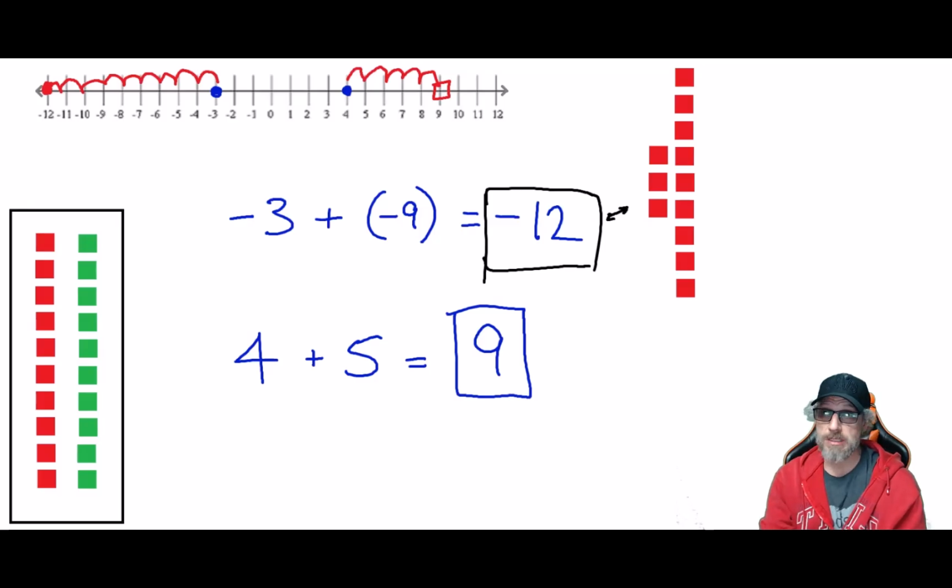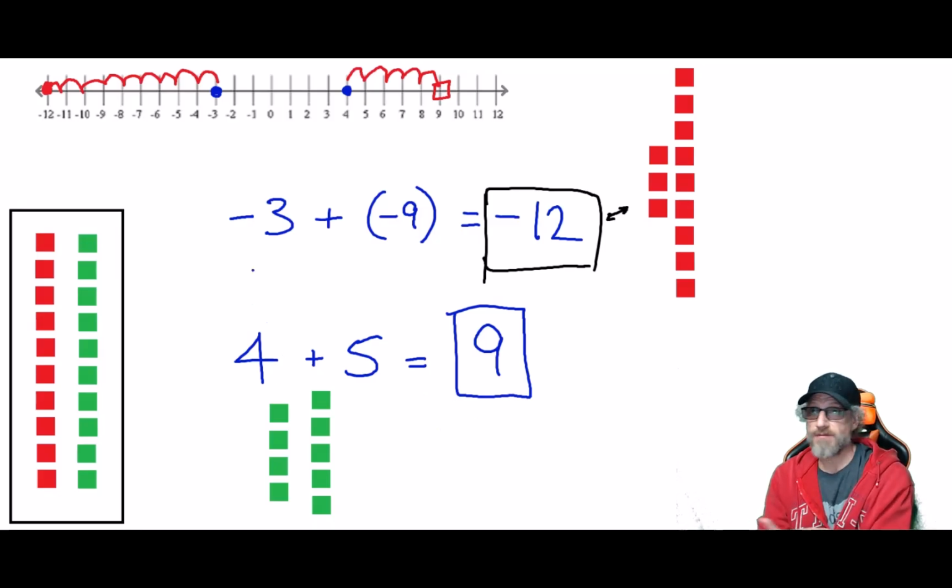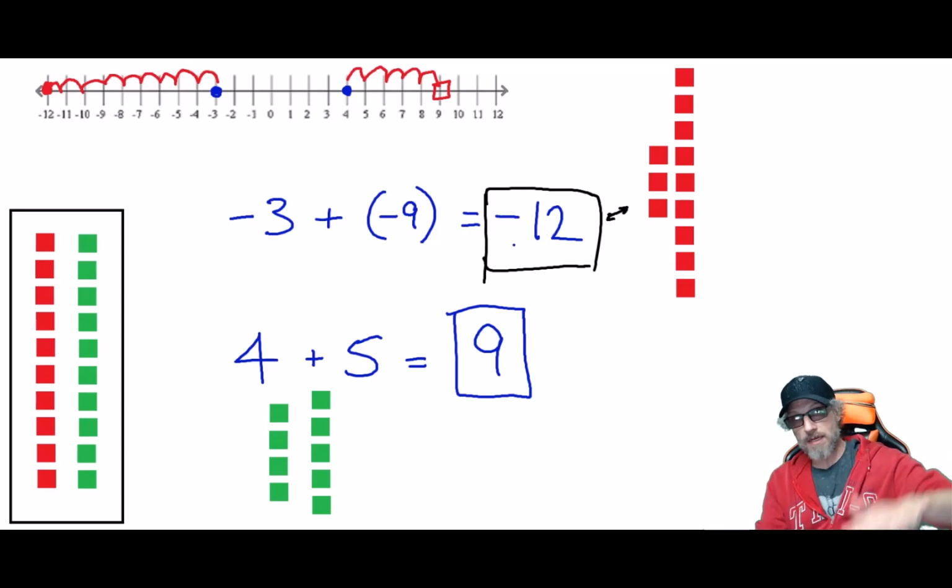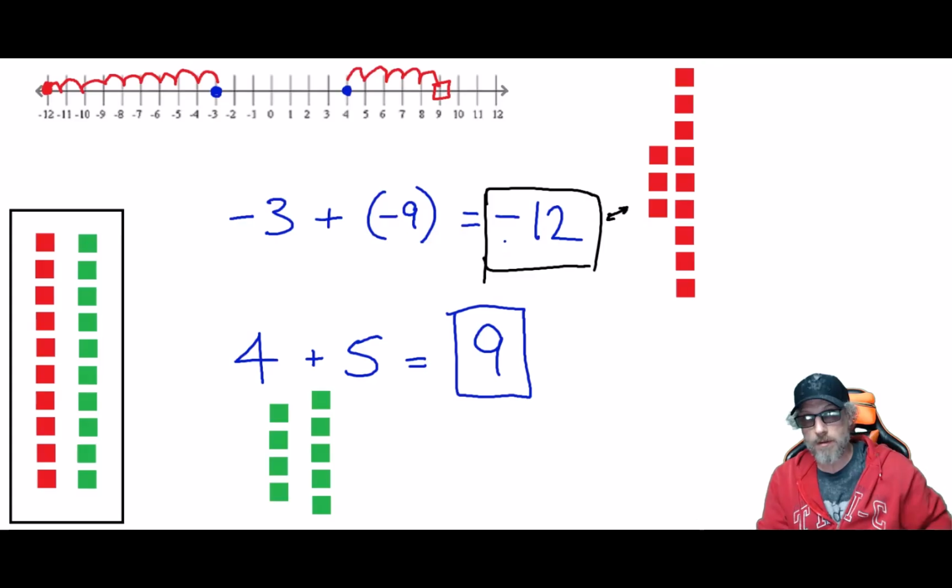And to complete the picture, let's look at the visual aids. +4, so let's grab 4 green units, and that will add to that 5 green units for a +5. No negative numbers at all in this addition, so +4 with +5 shows us a total of +9, just what we would expect. So if we have two negatives put together, we're just going further and further into the negative direction, like you're just getting bills stacked one on top of another.